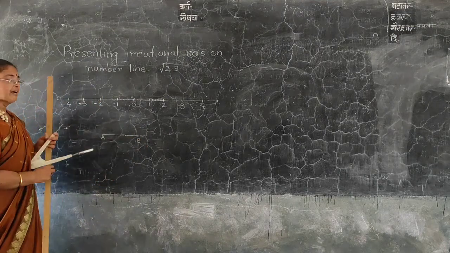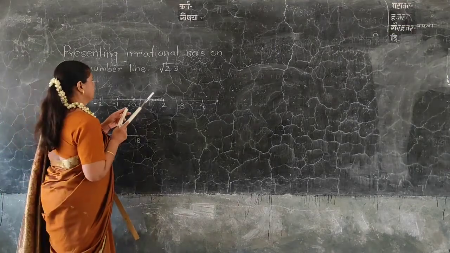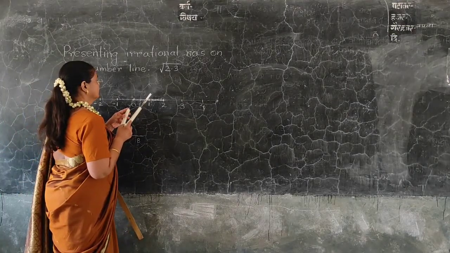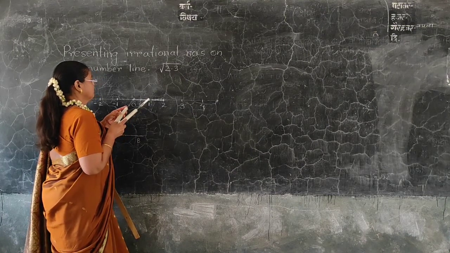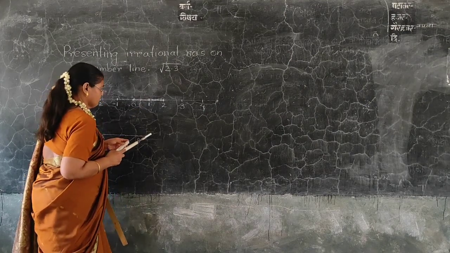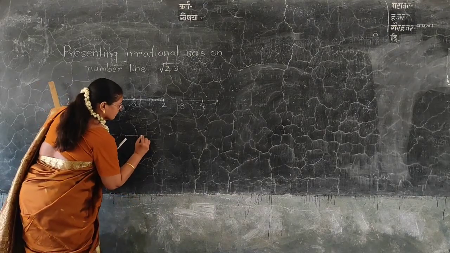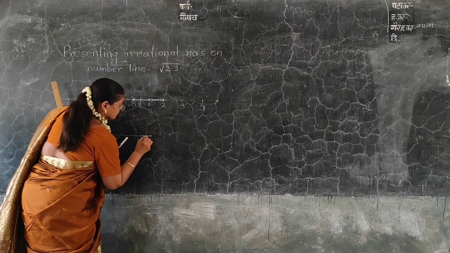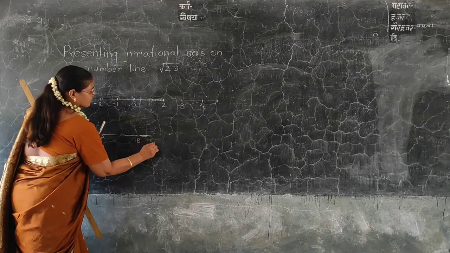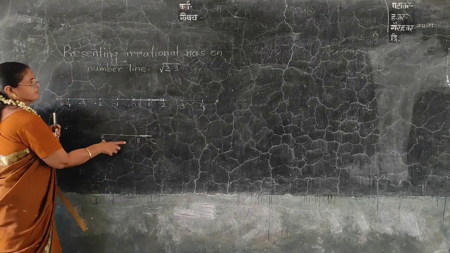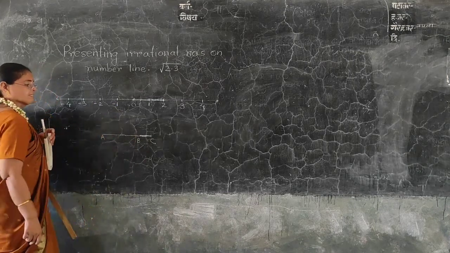Then I have to add 1 unit, that is 1 centimeter, in this given figure. I have to add 1 unit in this given figure. So here I extend this segment. So I take here suppose C. So this is distance 2.3 and I have taken 1 unit again, extended.